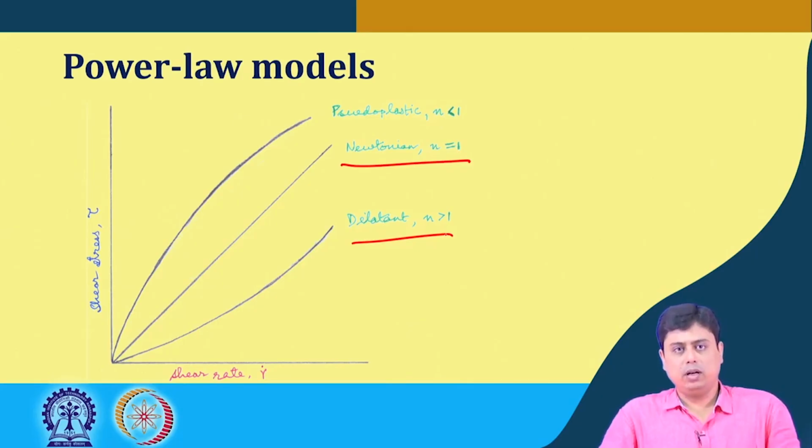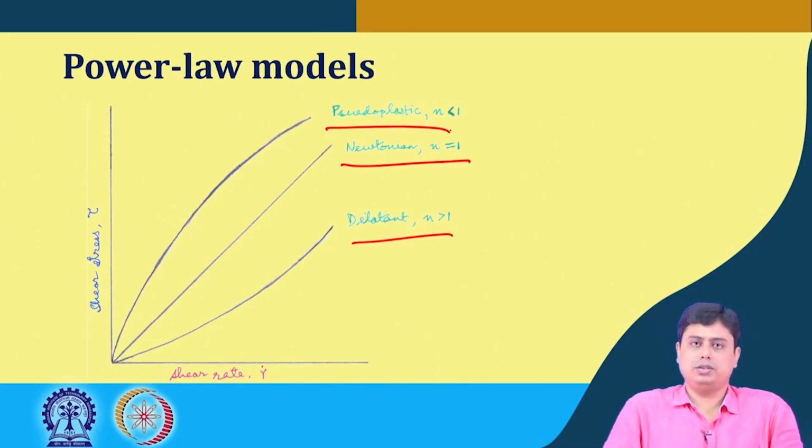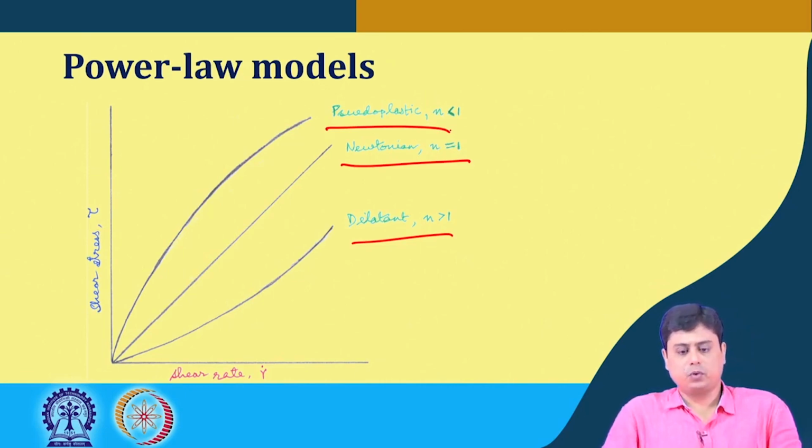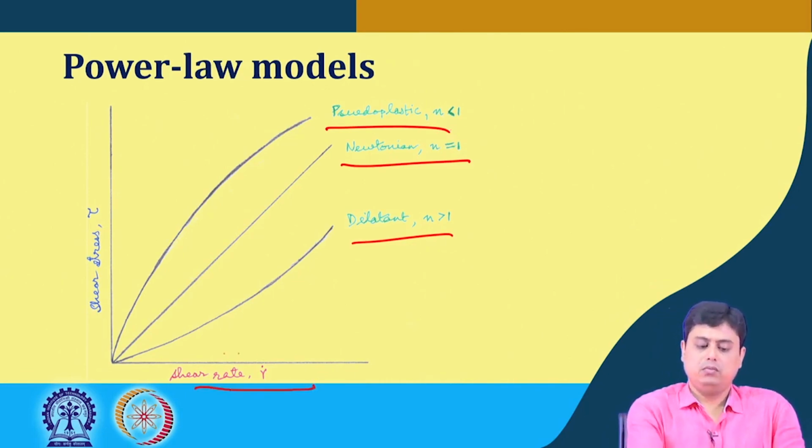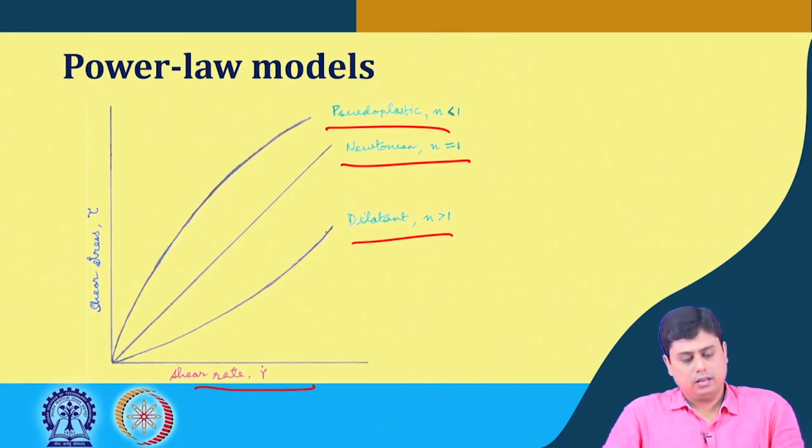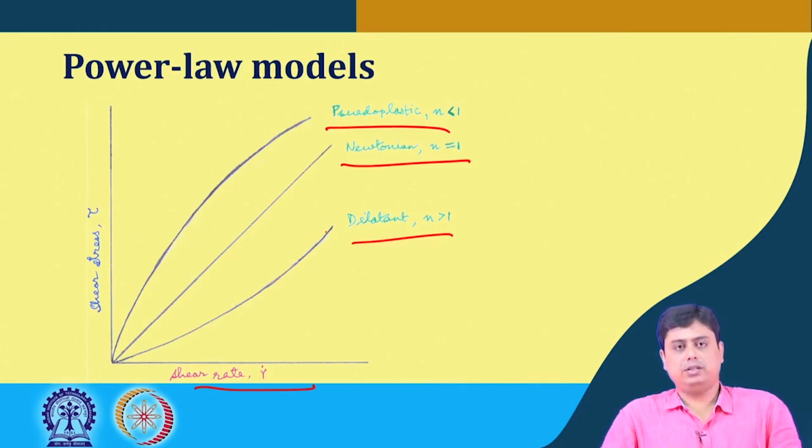When n is less than 1, we call these pseudoplastic materials, or shear thinning. In the dilatant case, the shear stress increases with shear rate and the viscosity increases. In shear thinning cases, as we increase the shear rate, the viscosity goes down. So these are the basic things we have seen in fluid mechanics classes.